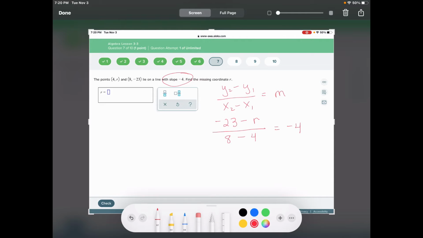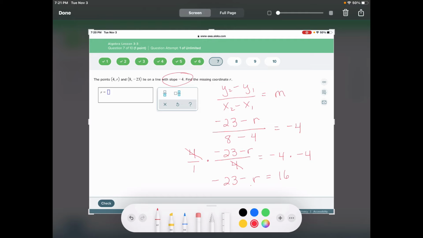So we have to do this math. Let's simplify this a little bit. -23 minus r over 8 minus 4 is 4. -4. Whenever we have 4 in the bottom of a fraction, we can multiply by 4 to get the canceling there. To do that on the other side also. So we have -23 minus r equals negative times negative is a positive 16.